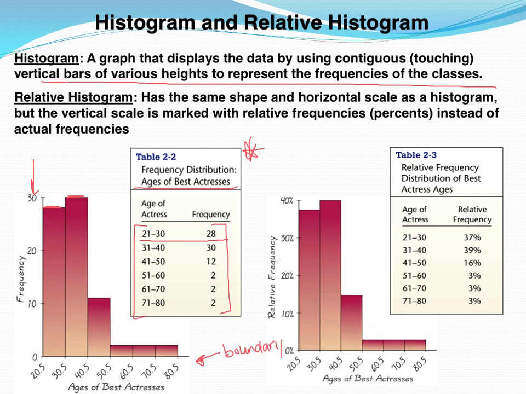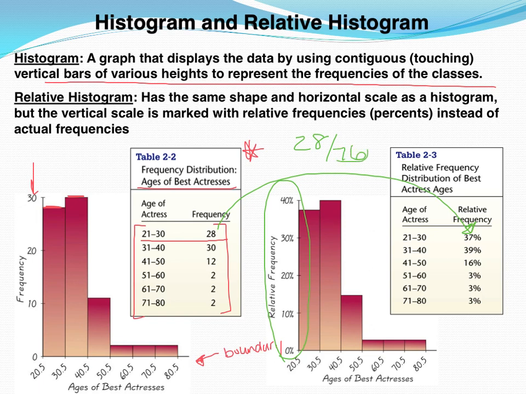Over here, our relative histogram is almost identical to the regular histogram. The only thing that's going to be different is your y-axis is going to have the percents on them rather than the actual frequencies. How do we go from 28 to 37? Remember, you do 28 divided by however many there are, which is 76.